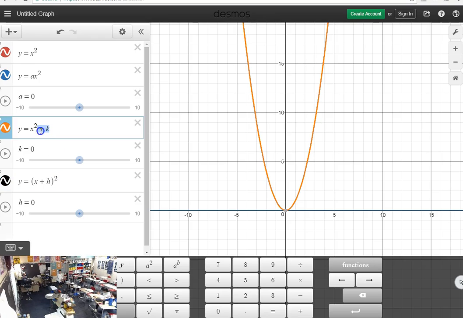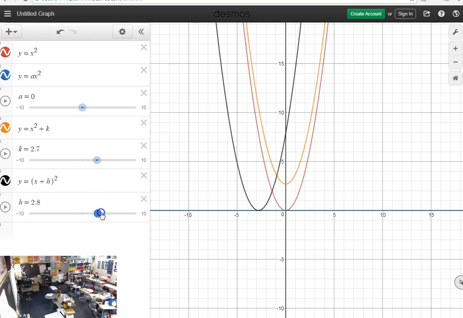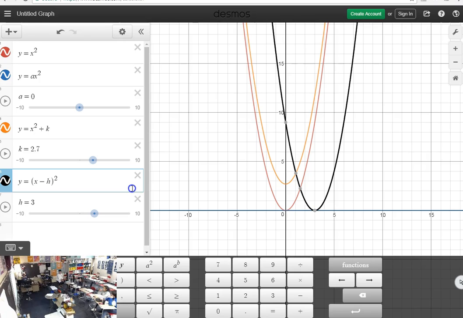Because if I make K 3, it moves up, right? But if you make H 3, it'll move to the left. That is why we normally use minus H.